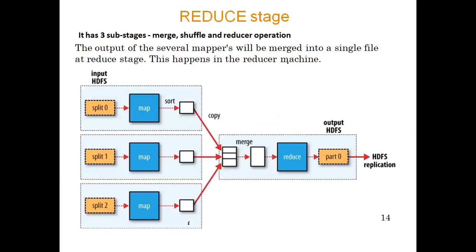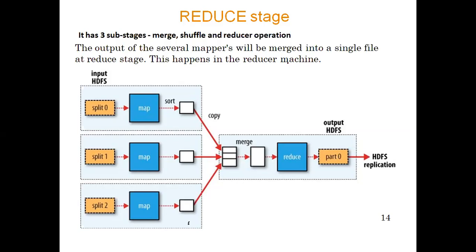Now suppose instead of a small file of 2 lines only, we have a file of 200 MB where the split size is 64 megabytes, as we have discussed, the default split size in Hadoop is 64 MB. Then we will split it into input splits: split 0, 1, 2, 3 and so on.